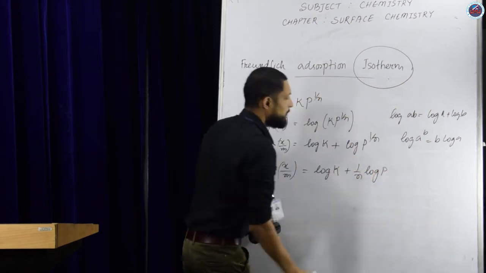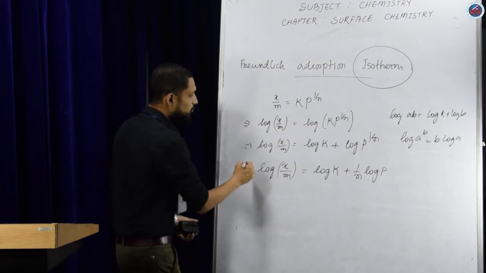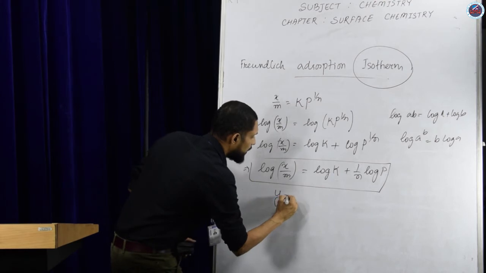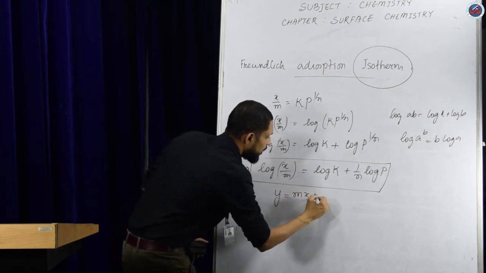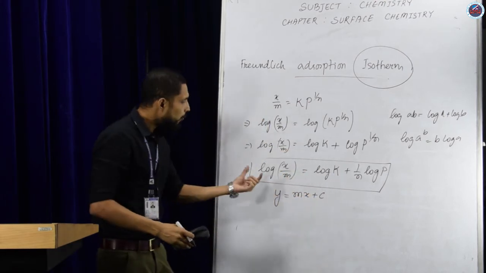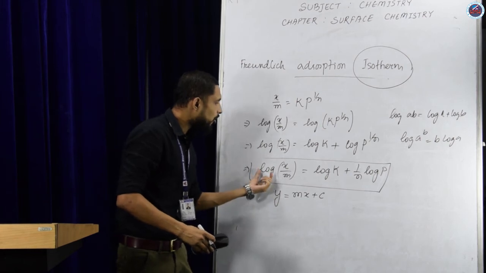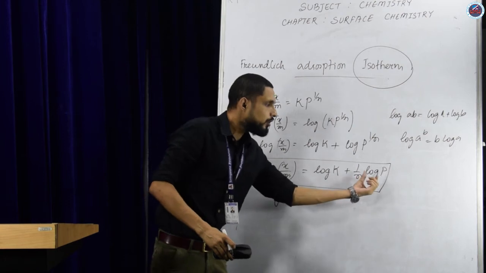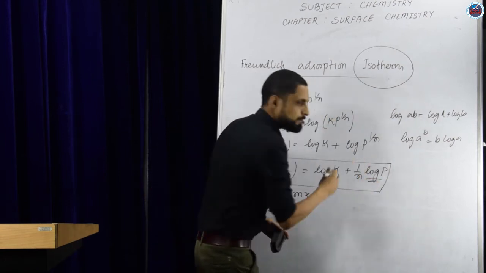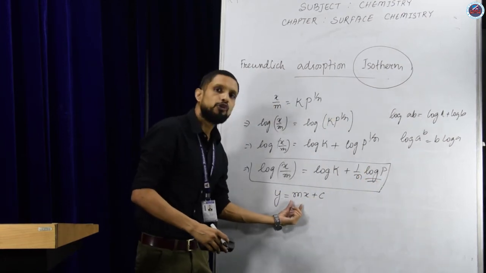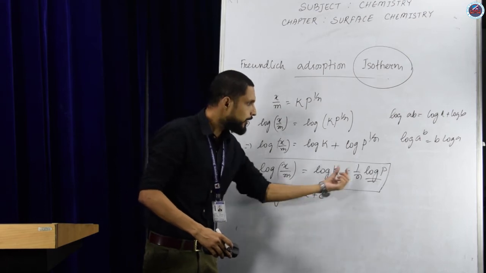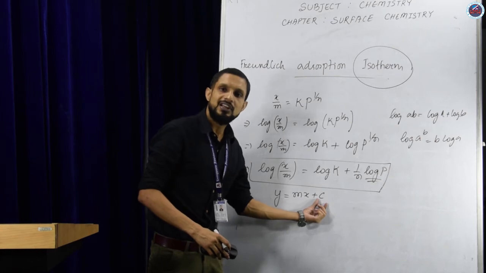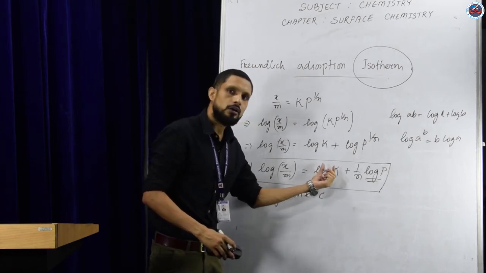Now this equation is in the form of y equal to mx plus c, where y is log x by m, x is log P, m, which represents slope, is 1 by n, c, which represents intercept, is log k.